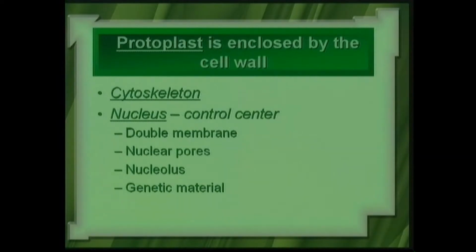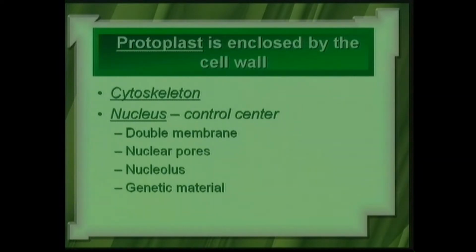Okay, so the important components of the nucleus include the double membrane that surrounds it, that keeps certain things out and keeps certain things in, and the nuclear pores, which allow substances to leave the nucleus, such as messenger RNA, which we're going to get into later in the semester, and which is important in terms of making proteins. The nucleolus as well is like a little structure inside of the nucleus.